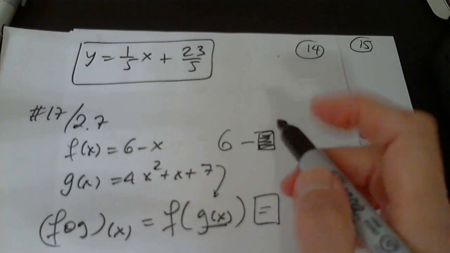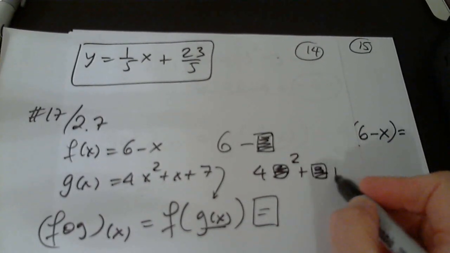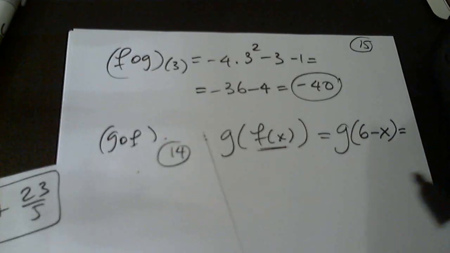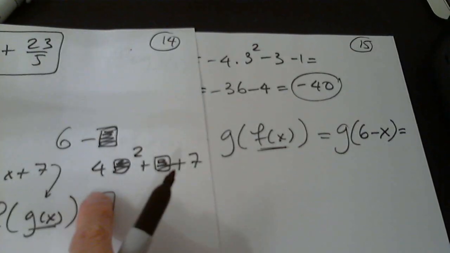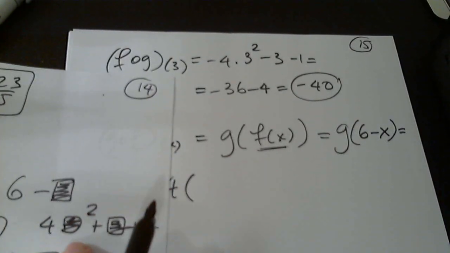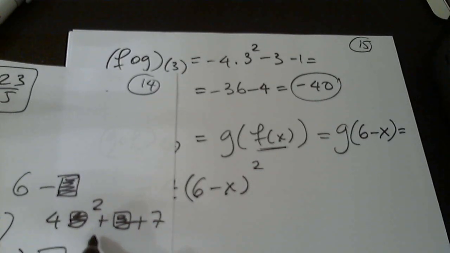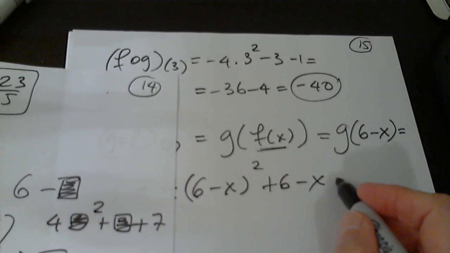What does g say? 4 times whatever squared plus whatever plus 7. So the whatever now is 6 minus x. So I have 4 parentheses 6 minus x squared plus, since it's plus, I don't need parentheses now. I just write 6 minus x and then plus 7.